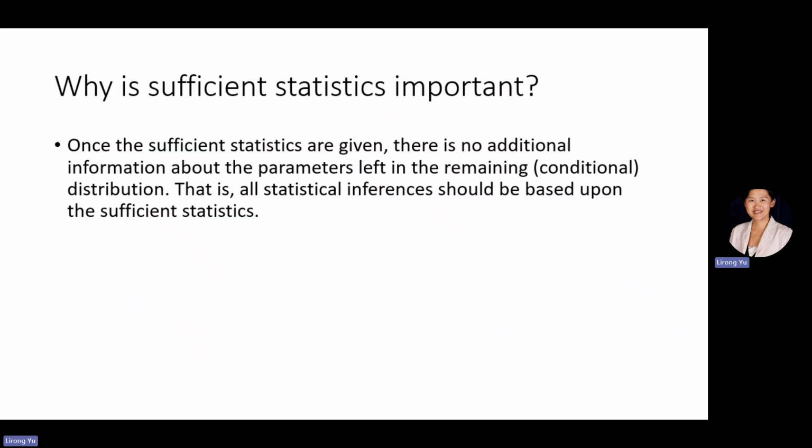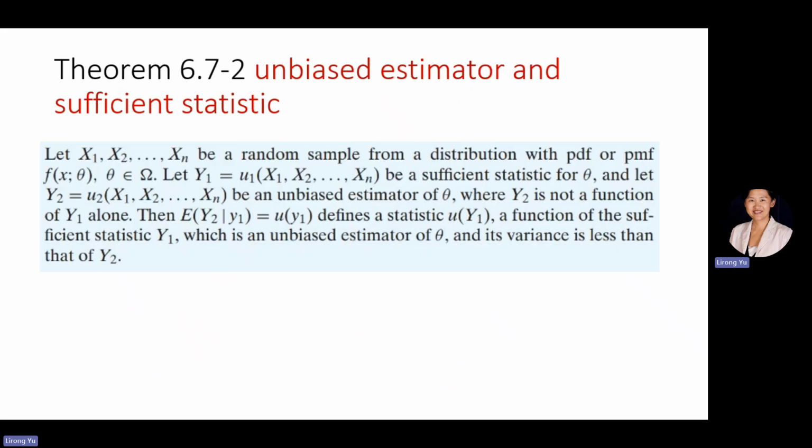You don't need to know what x1, x2, x3 are. You only need to know the total summation of them. So once the sufficient statistic is given, we don't need additional information, and that's why it's called a sufficient statistic. So this is the reason why we want to know what's sufficient about our estimate.